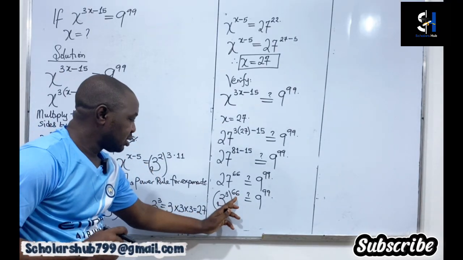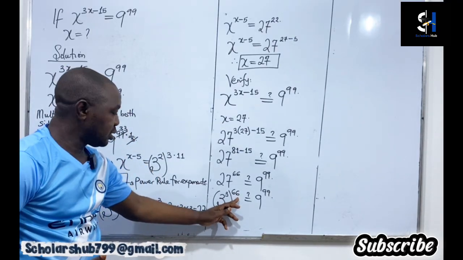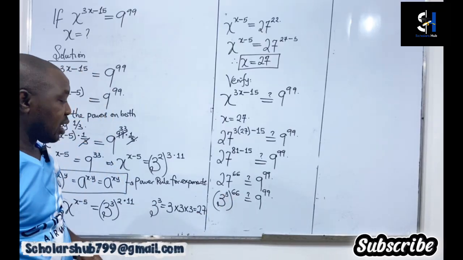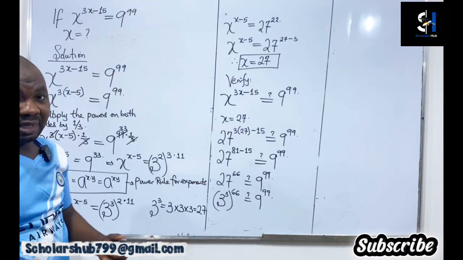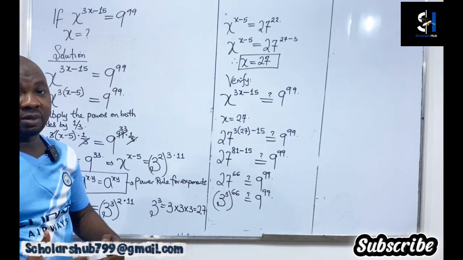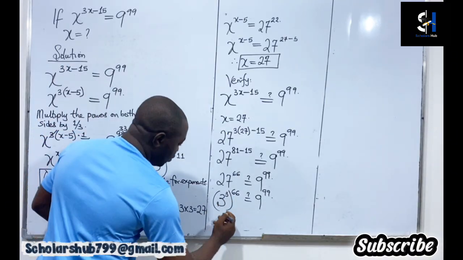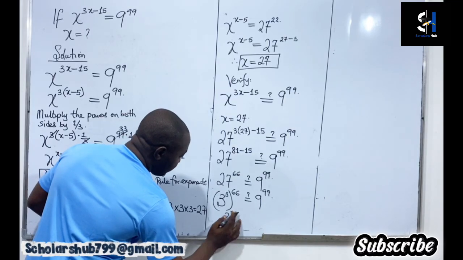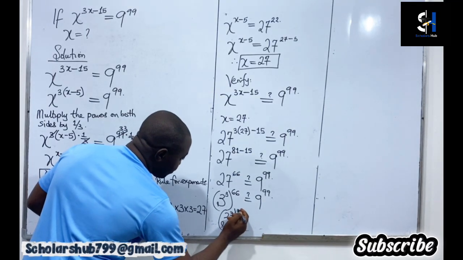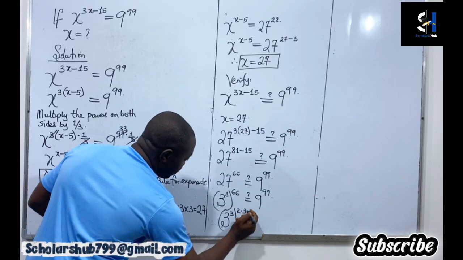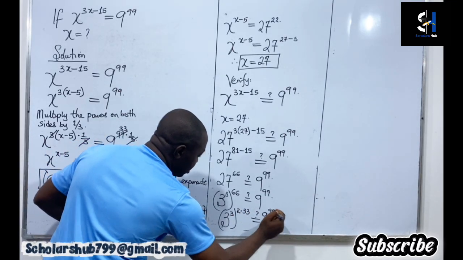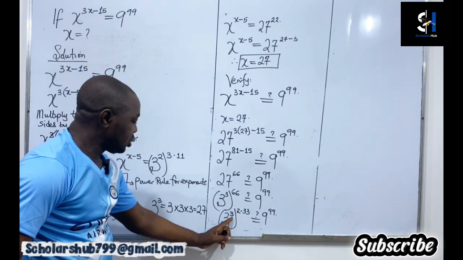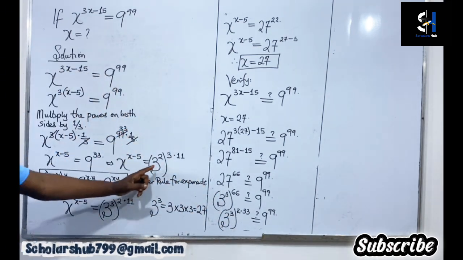Now, we can also write 66 as a product of 2 and 33. So 3 raised to the power of 3, raised to the 2 times 33. Will it be equal to this? Now I'm going to switch again, the same way I did here.